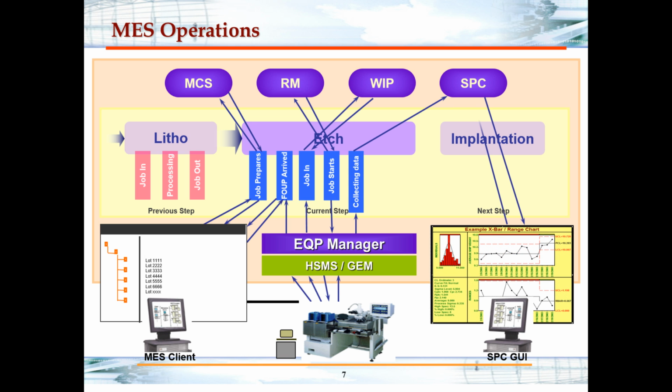So collect data. During the manufacturing process, he will collect the data and send it to SPC to check whether the quality is good or not. Of course he can use the SPC chart to show what's going on here. If everything is good, then he will let it proceed.